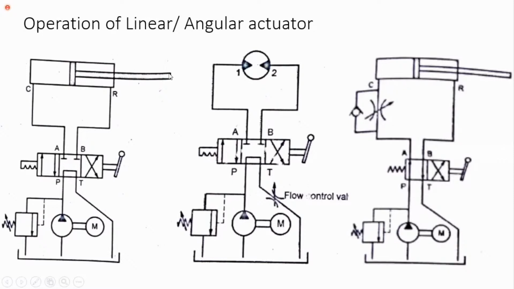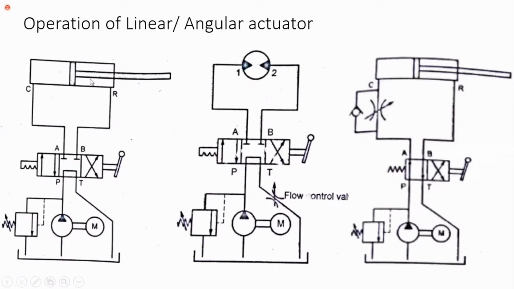The actuator is going to apply some force on your application and move it either to the left or to the right, which means it gives you a linear motion. That's why here I'm going to show you the linear actuator as a double acting cylinder. So let us quickly see how this cylinder is going to operate.